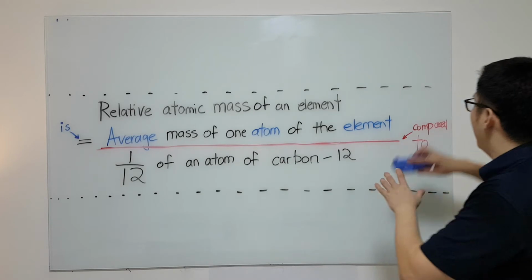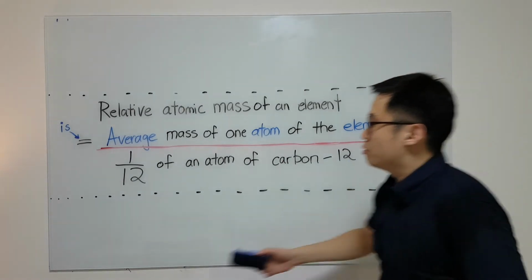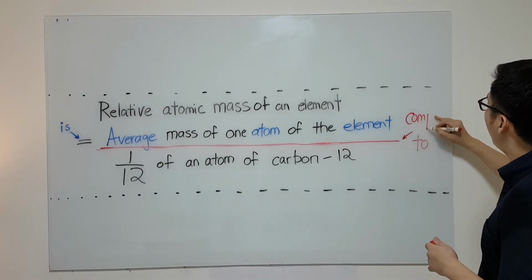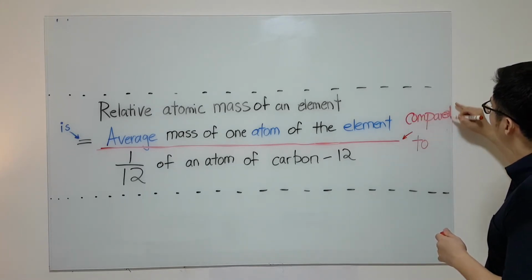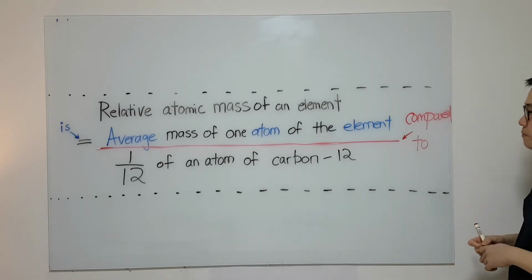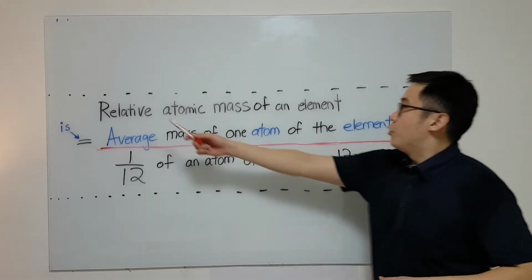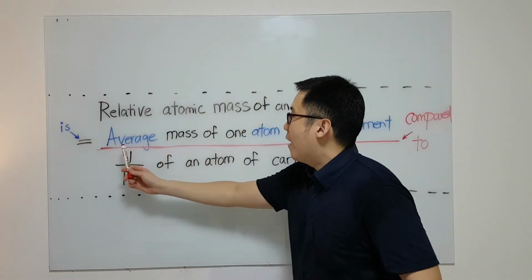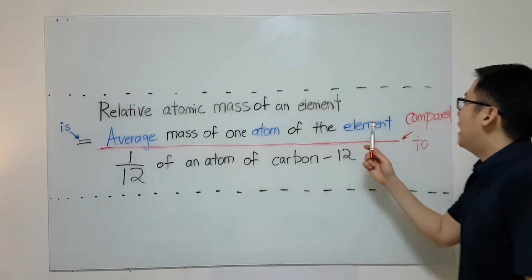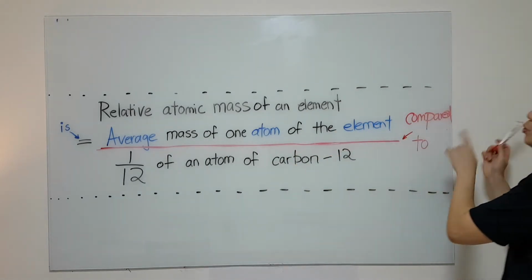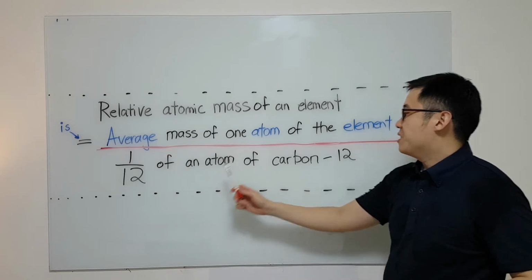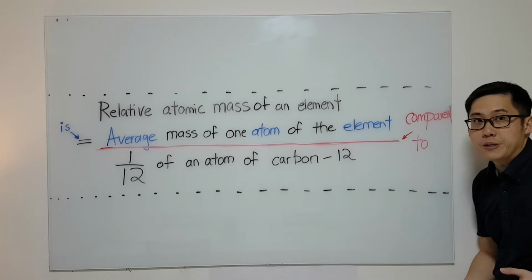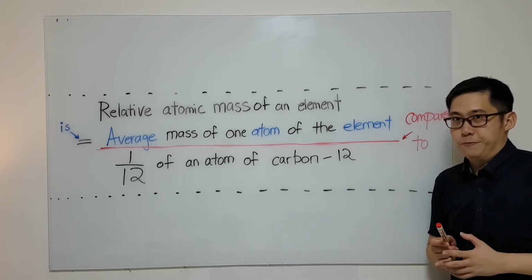Allow me to write that this line. All you need to do is to replace this line with the word "compared to". Okay, so it will read: the relative atomic mass of an element is the average mass of one atom of the element compared to 1/12 of an atom of carbon 12. This is how you can help yourself to remember the definition.